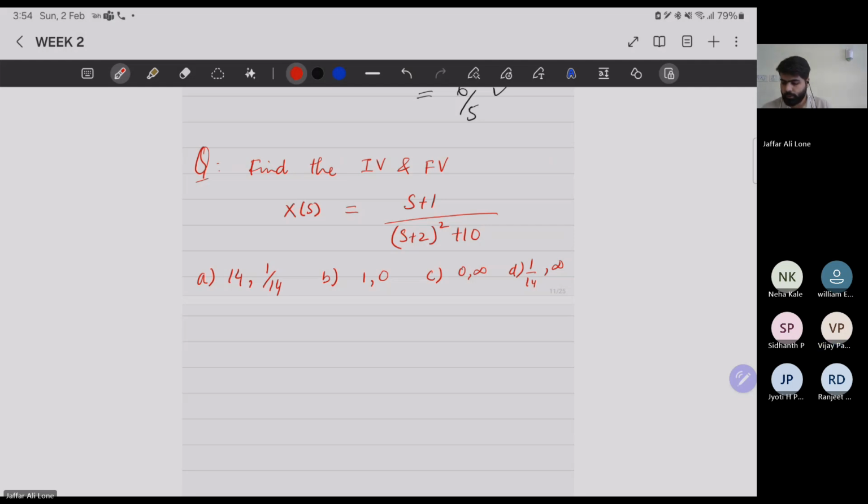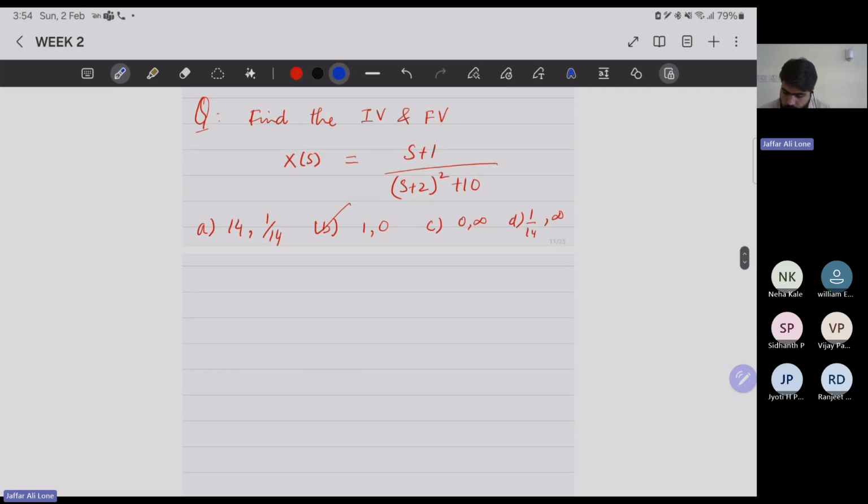Option B. Okay, option B. Correct. Anyone else who has problems like how this option B came? In the same way, there are these questions in the practice assignment.